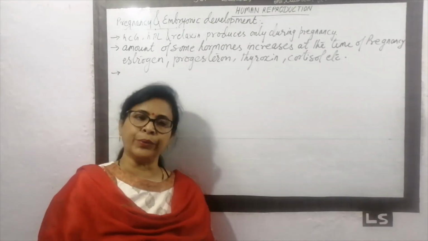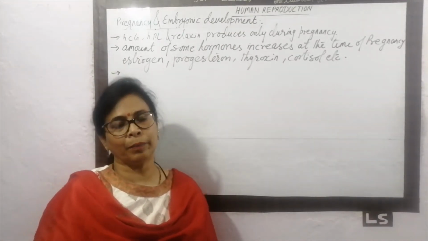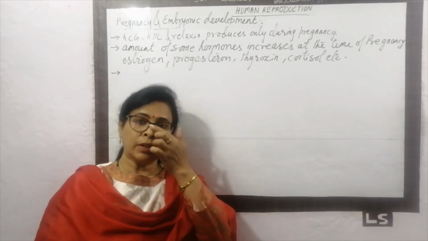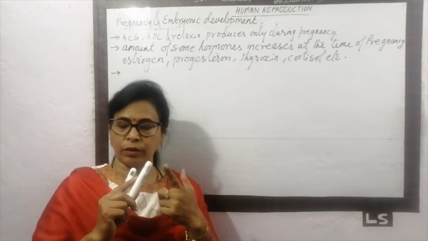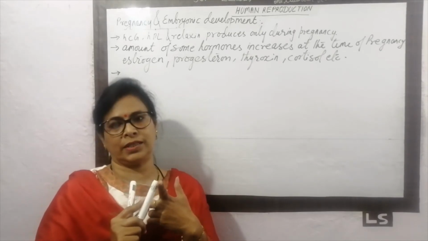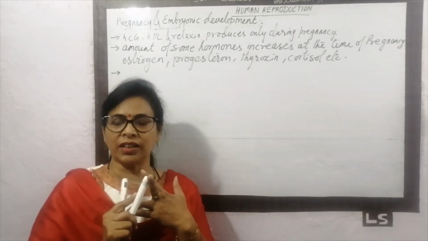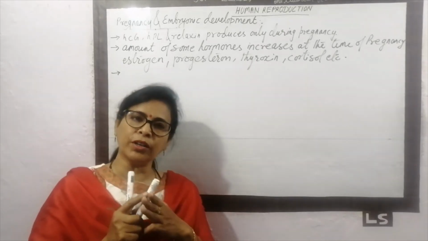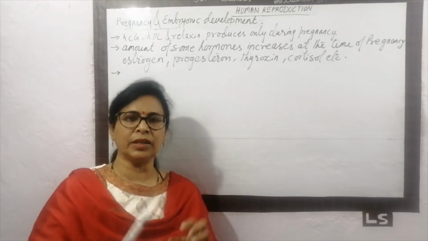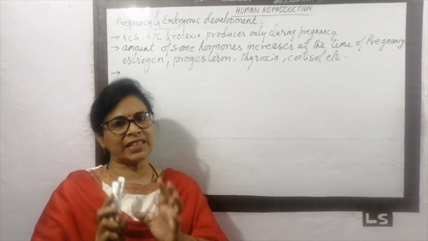What happens during the pregnancy and the embryonic development? These hormones are very much essential. Why are they essential? For the growth and development of the fetus, for metabolic change in the mother, and to maintain the pregnancy. It is important for the whole pregnancy period, the whole gestation period.